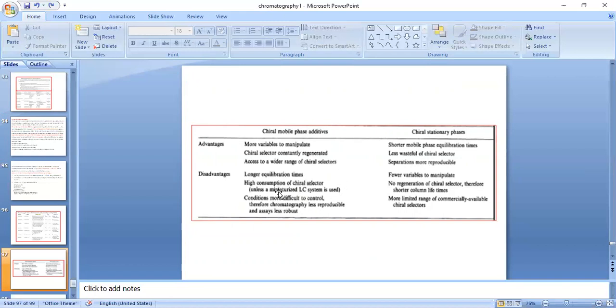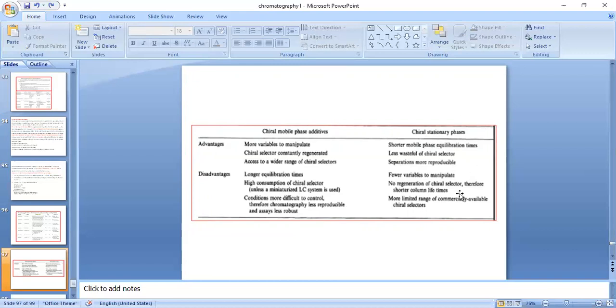But there is also the disadvantage that it requires a larger equilibration time for the separation of the chiral molecules. Second, it is difficult to control the conditions when using the chiral mobile phase additives. So the results are less reproducible and the assays are less robust.